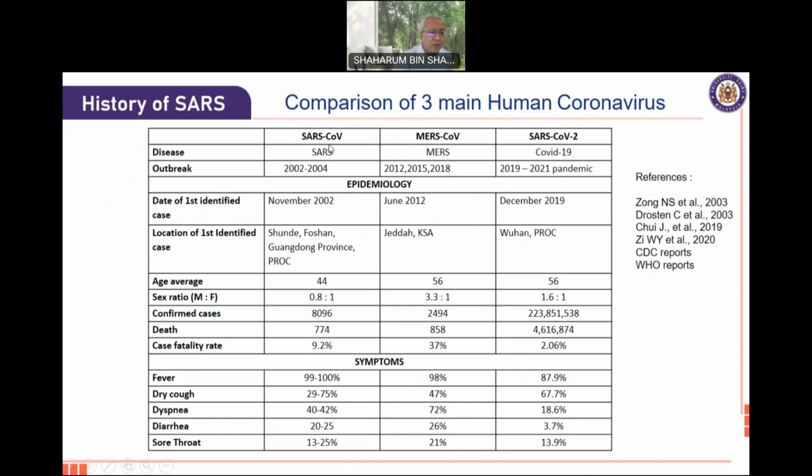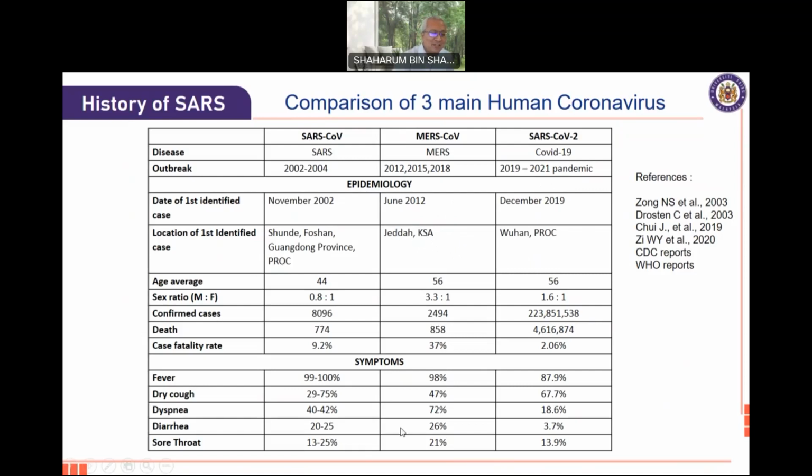You have SARS-CoV, which emerged in early 2000 in Guangdong, China, and MERS-CoV, which originated and emerged in Jeddah, Kingdom of Saudi Arabia, and then the last one, known as COVID-19, SARS-CoV-2, which was first detected in Wuhan. That's why the topic is Wuhan.